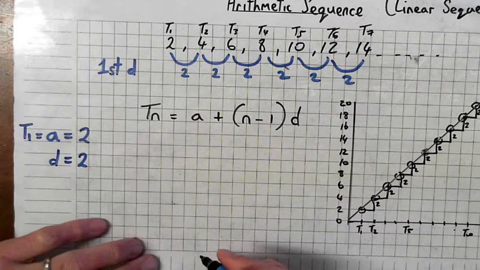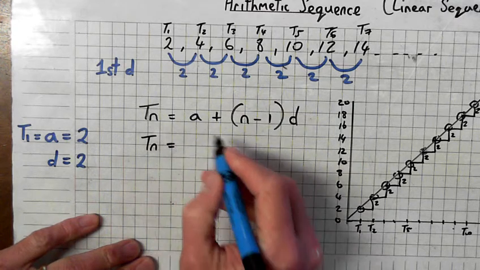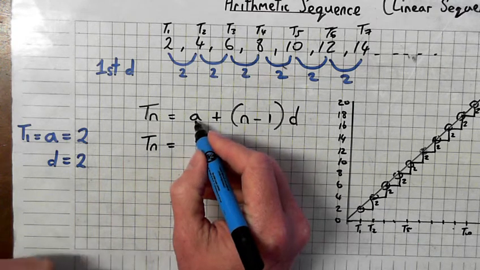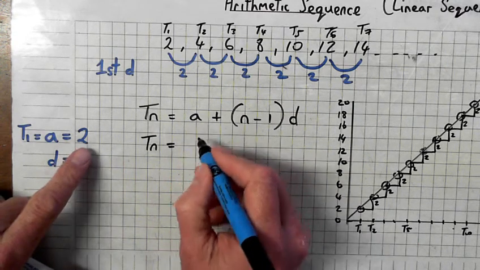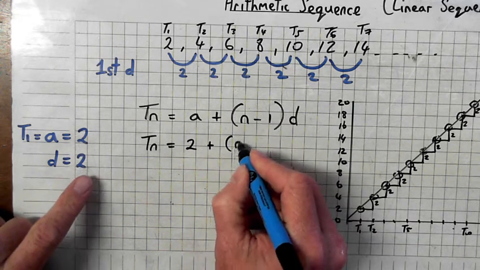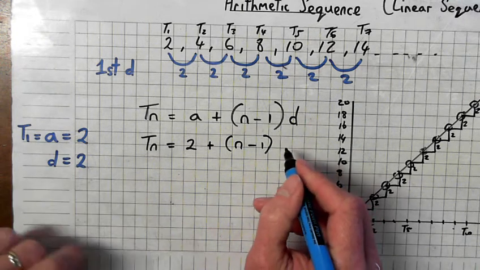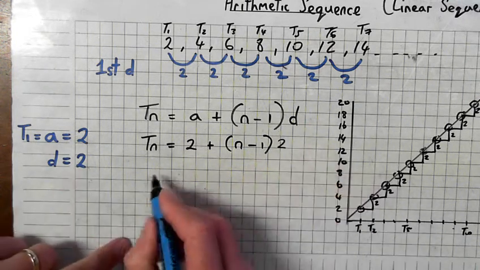So I'm not going to put anything in for n. So Tn is equal to, right, A is 2 plus n, I'm not going to write it in yet. I'm looking for the Tn formula, so I don't put anything in for n. And D is 2.